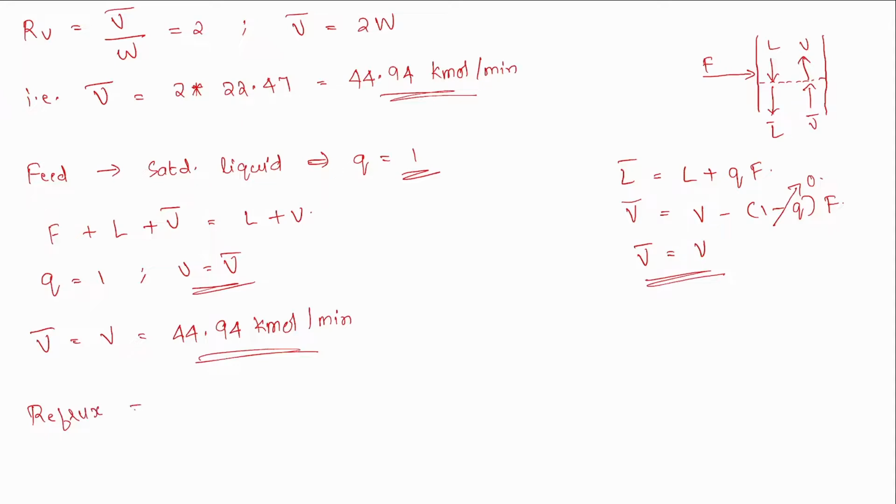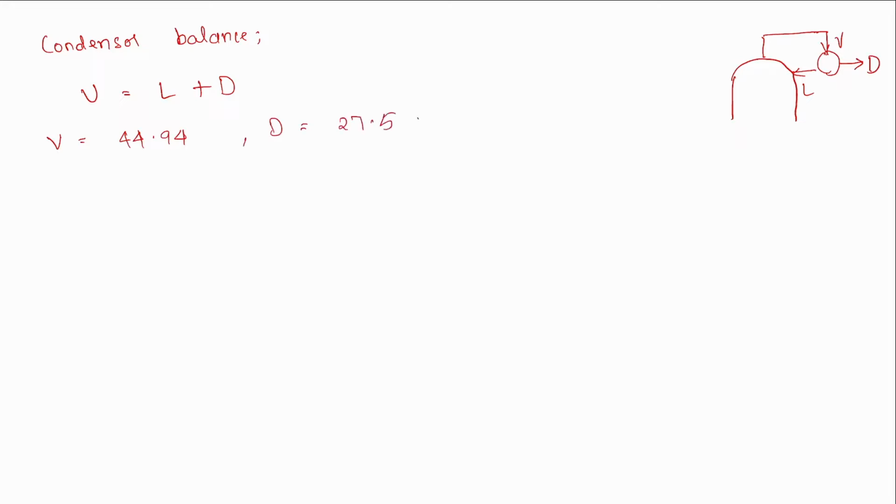So the reflux ratio is equal to L by D. We have the value for D, but we need to find L. For that, we will write a condenser material balance. So let's take our condenser. We have the outgoing D, then the recycled part L, and the incoming V. The condenser balance, we can write as V equal to L plus D. We have V as 44.94 kilomole per minute and D, the distillate, as 27.5.